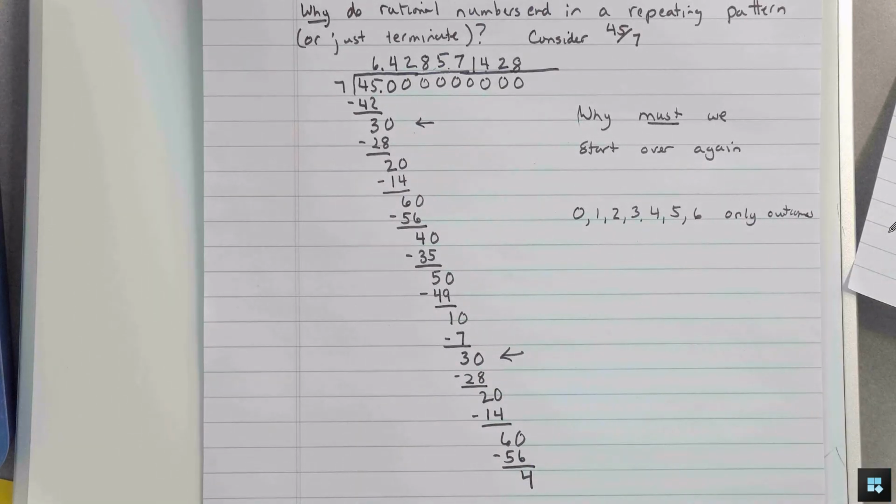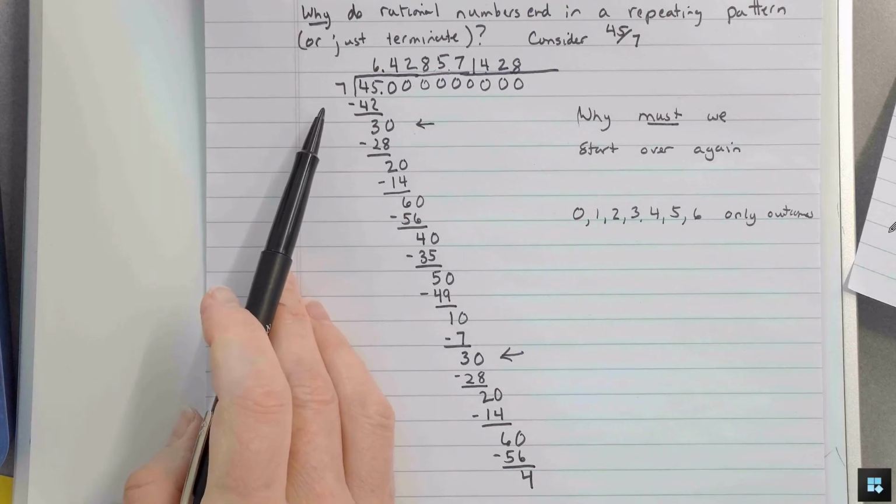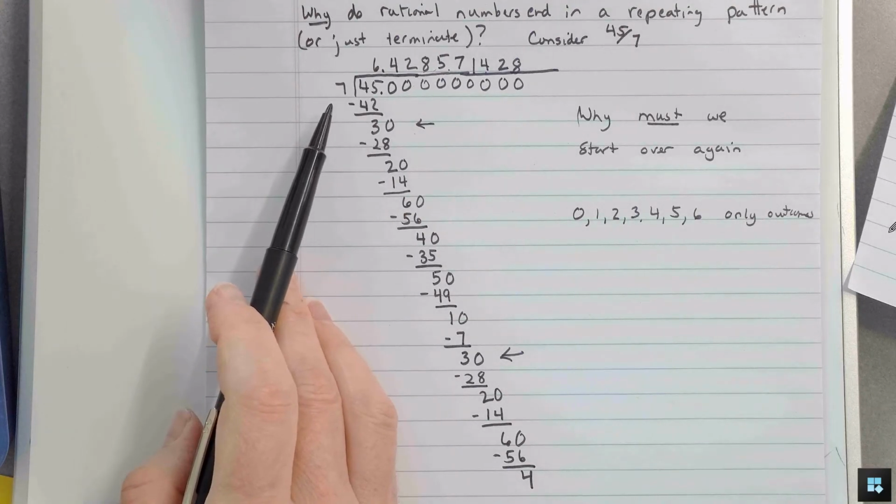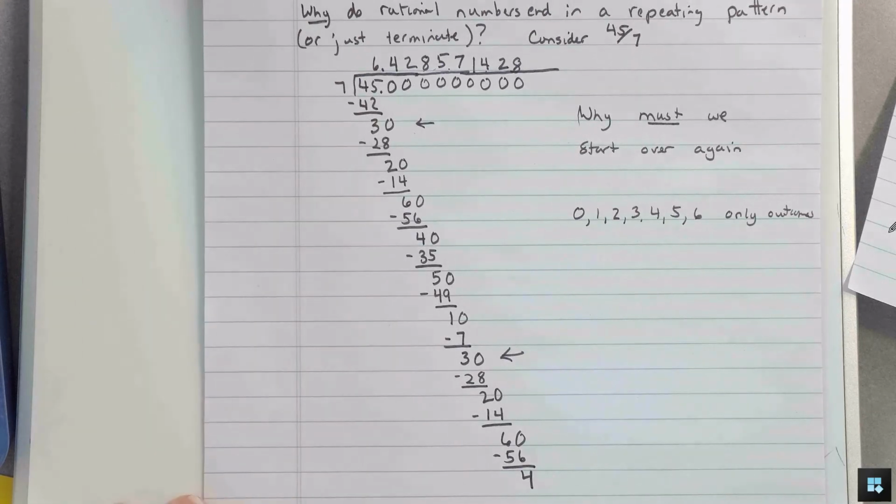So there were only 7 possible outcomes, one of which would have meant our fraction just terminated. Whenever you're doing division, whatever this number is, that's how many possible outcomes there are in your subtraction. So how does this tell us that if we divide out to 9 decimal places we're going to be repeating, when we had 7 possible outcomes?